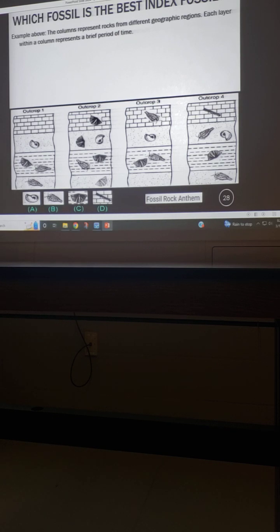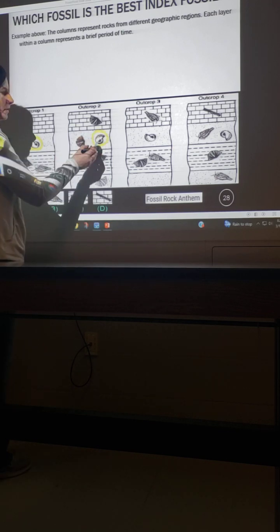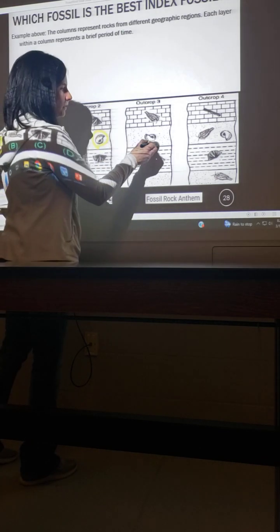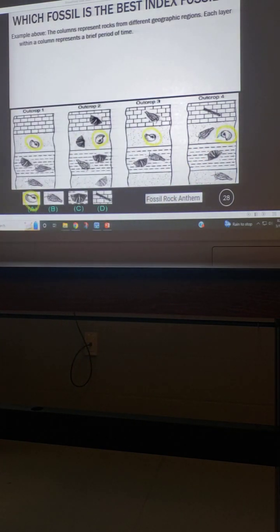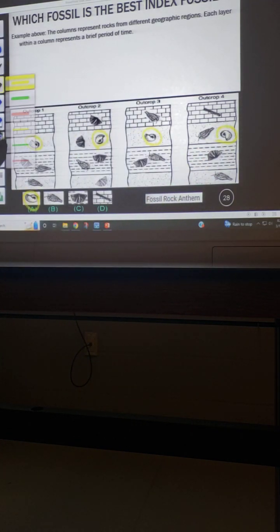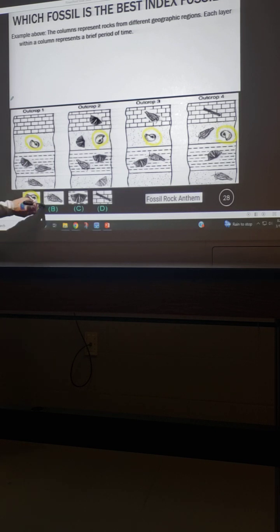I think color coding things always helps me visually see what's going on. So I'm going to take my yellow highlighter, and anything that is A, I'm going to circle. All right, so I see it here, here, and let me know if I skip any. Here and here. Let me switch colors and go to B. I think this is a trilobite.